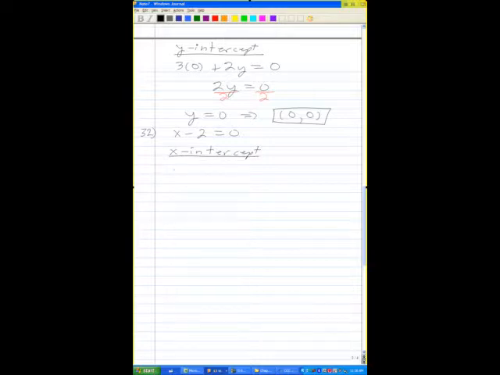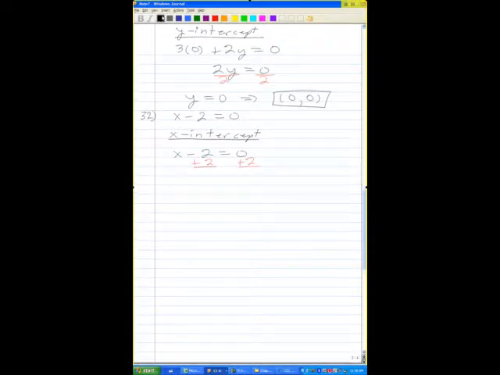Set y equal to 0 and solve for x. There was no y, so I set all the available y's to 0. Let's solve for x. By the additive property of equality, I can add 2 to both sides of my equation. So x is equal to 2. Therefore, the x-intercept is at (2, 0).